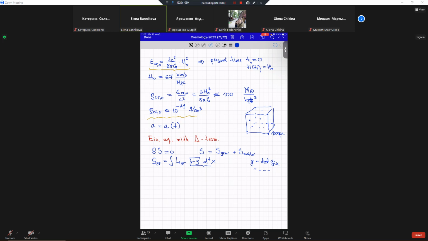Since we agreed before, and spent a few lectures on this, that gravity is a curvature of space, it should be something which describes the curvature of space: a scalar containing information on the curvature.